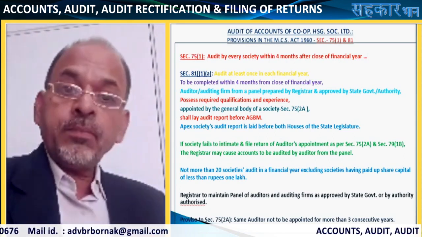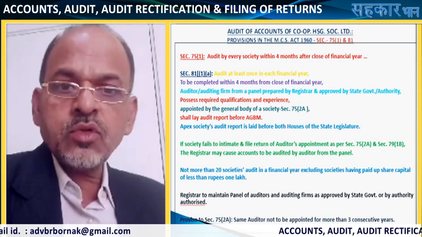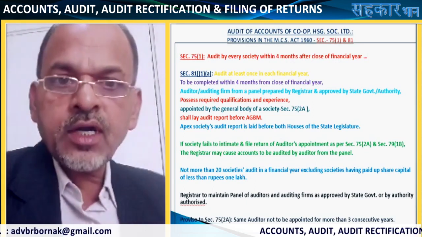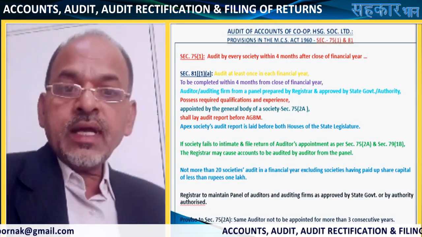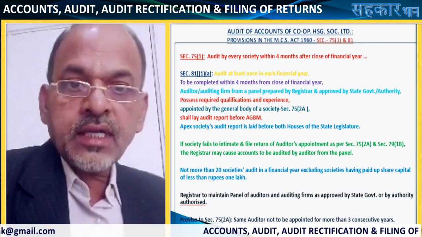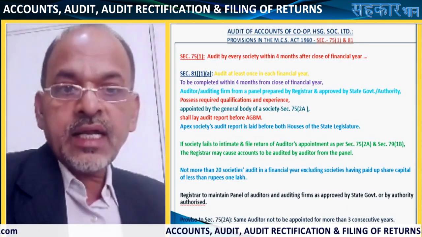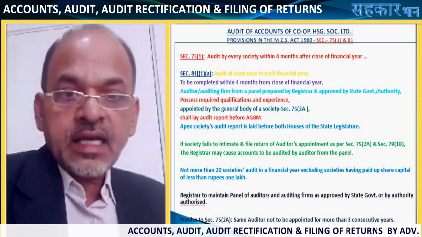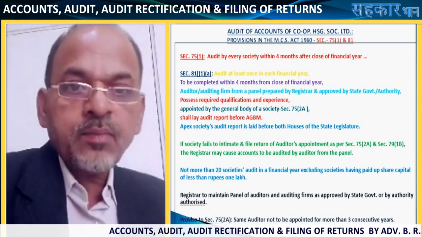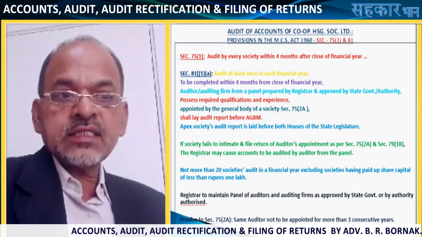That is why, to make the registering authority aware, it is required to be intimated to the registrar by filing a return of auditor's appointment, and it is mandatory under section 75(2)(a) and under section 79(1)(b), and under the bylaws also, bylaw 146(b) is there.